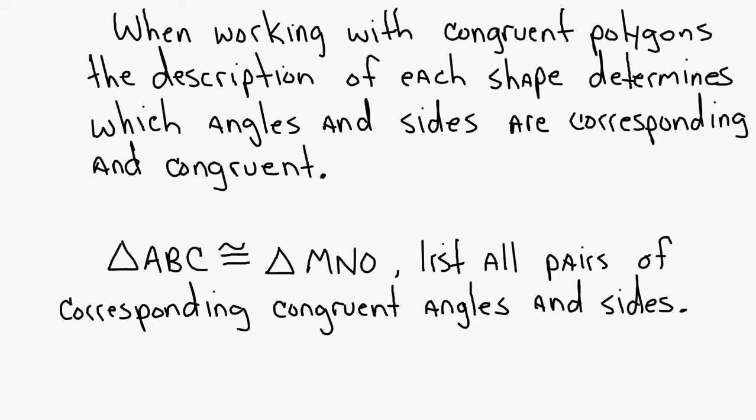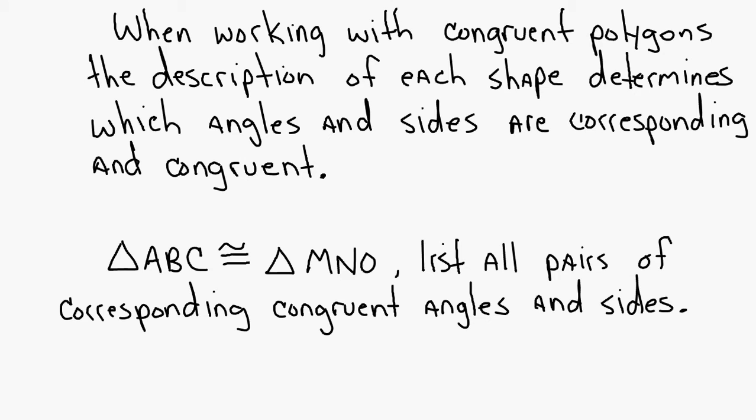So when working with congruent polygons, the description of each shape determines which angles and sides are corresponding and congruent. If you're asked to list all the pairs of corresponding congruent angles and sides, you're given the description of each shape, and you may or may not be given a picture. The picture sometimes doesn't matter.